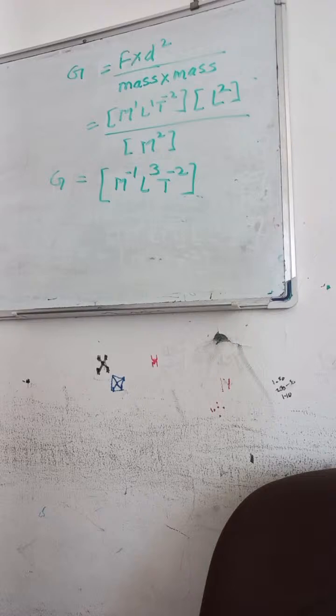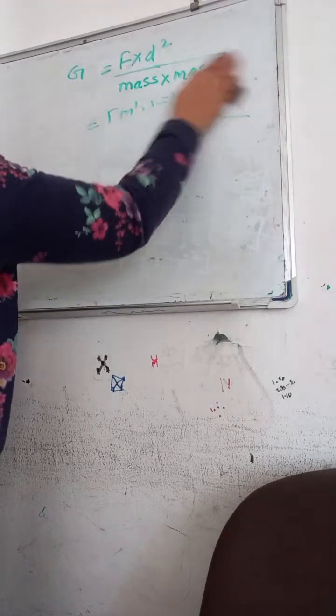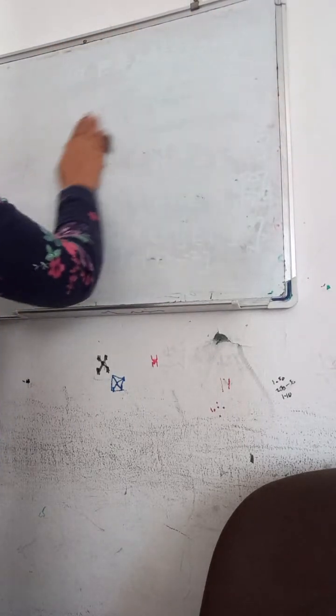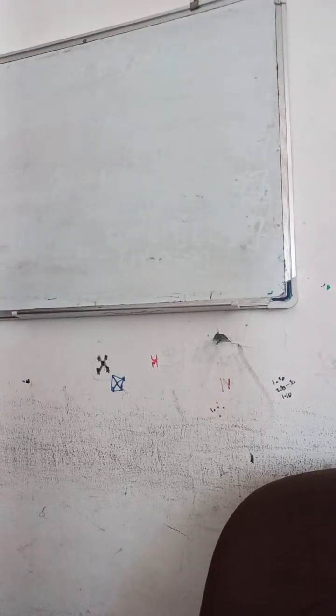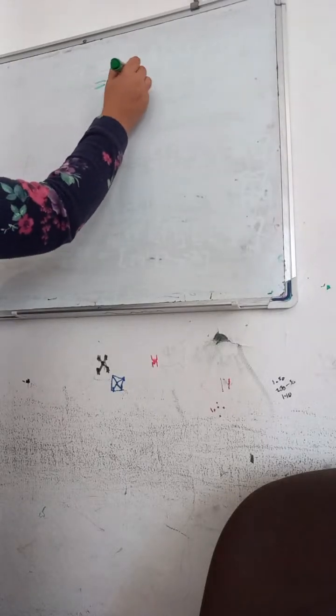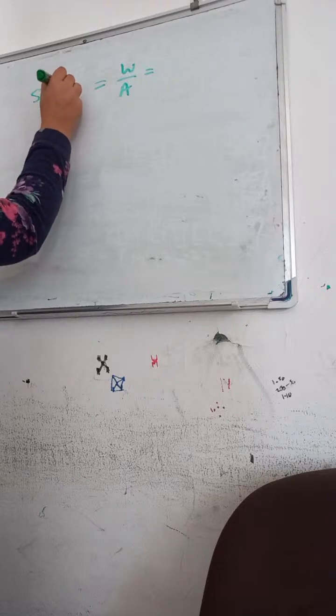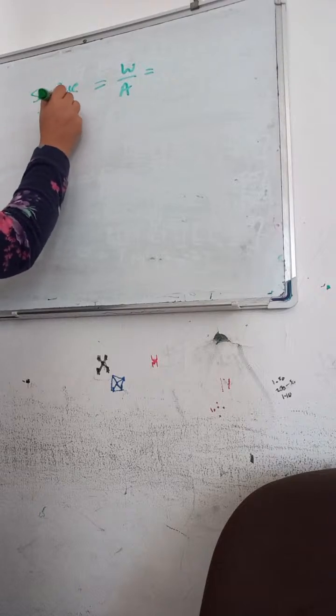Okay, so if we take surface energy, surface energy is nothing but what? Surface energy, we already finished the liquid chapter. Surface energy is nothing but energy by area, that is work done by area.